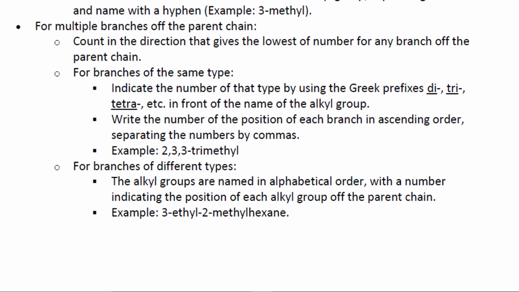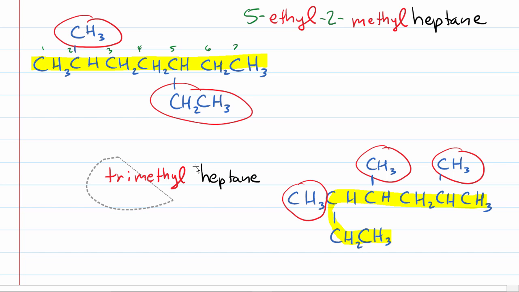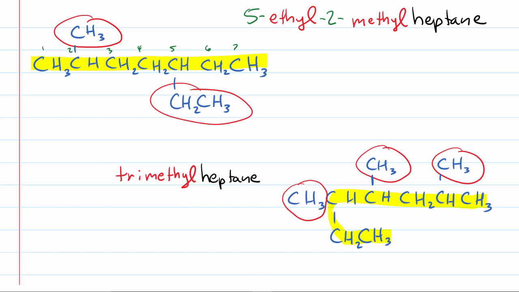In this case, which prefix are we going to want to use? Tri. So we're going to call it trimethylheptane. And again, this should all be one word, so I'm going to slide it over so it looks like one word, trimethylheptane.